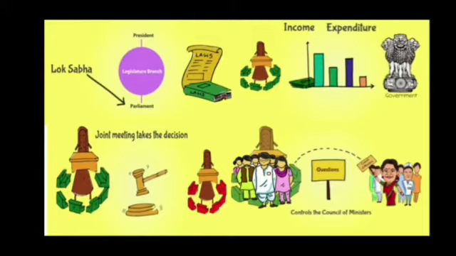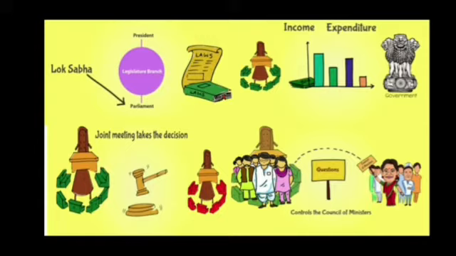Any ordinary law needs to be approved by both the houses of the parliament. The final decision is taken in the joint meeting of the houses. The decision of Lok Sabha is likely to win because of its larger number of members than the Rajya Sabha.